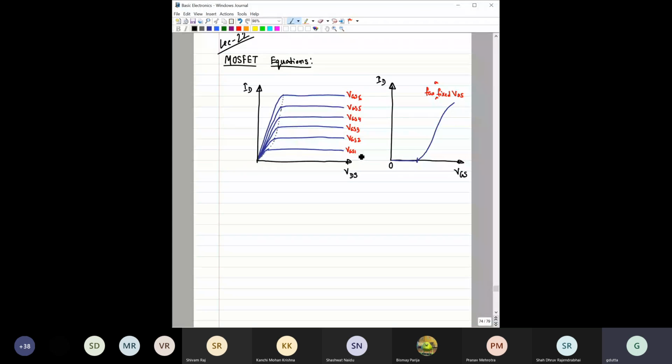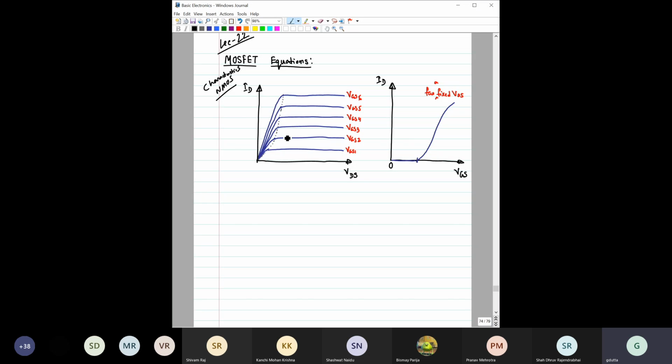If we plot the ID versus VDS characteristics, they are expected to look similar to this. This is the N-channel MOSFET, also called NMOS in short. With increasing gate bias, you can see ID is increasing.